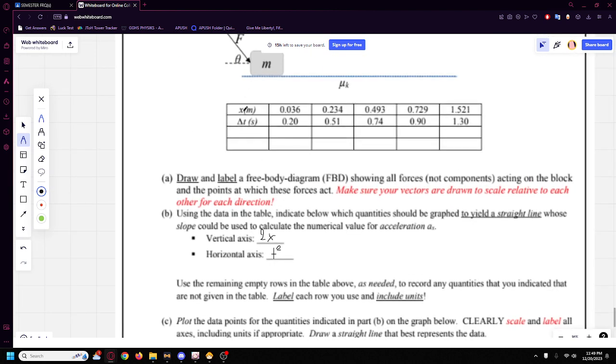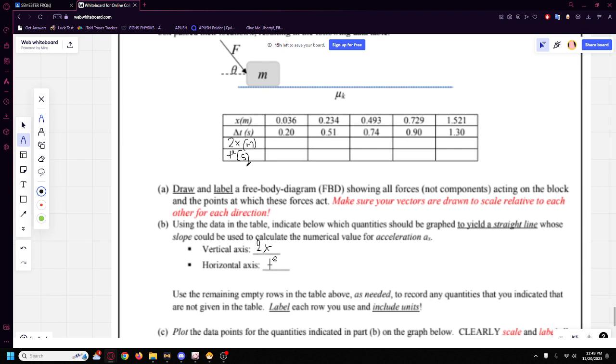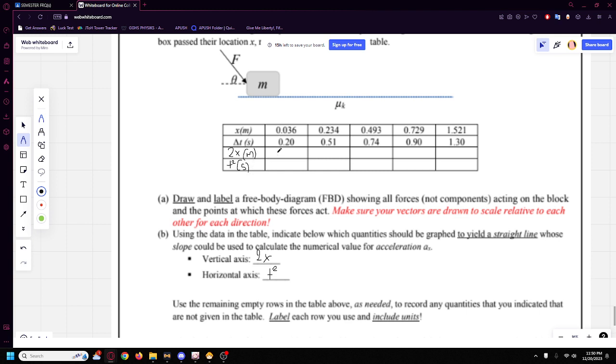So 2x, this is in meters, and t squared, this is in seconds. So 2x is 2 times this, so it'll be 0.072. This would be 0.468.